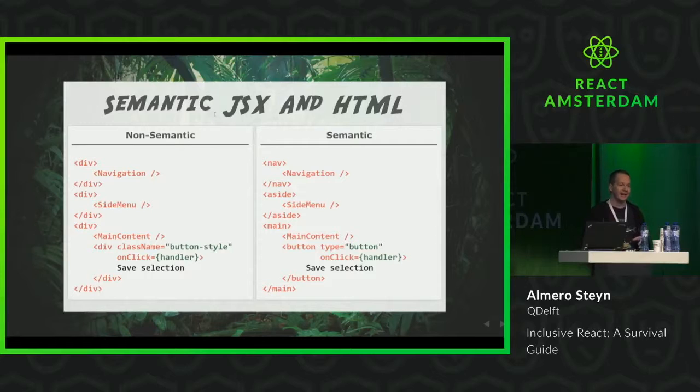But the baseline of creating an inclusive application is semantic JSX and HTML. What does that mean? On the left, we've got an example of non-semantic JSX because we are just using the div tag. And in HTML, the div tag has no real meaning aside from that it can create containers in your HTML where you put things in.